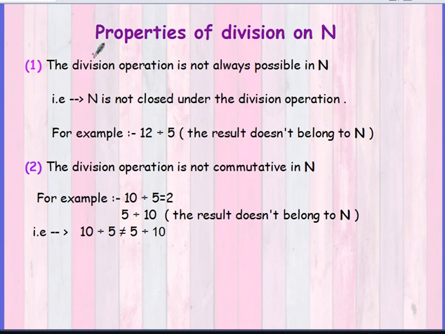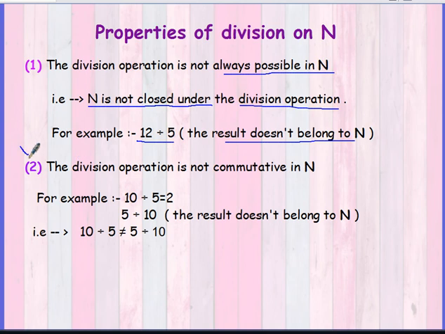Now we will talk about properties of division on N. 1. The division operation is not always possible in N. For example, 12 divided by 5: the result doesn't belong to N because 5 is smaller than 12. That means N is not closed under the division operation. 2.